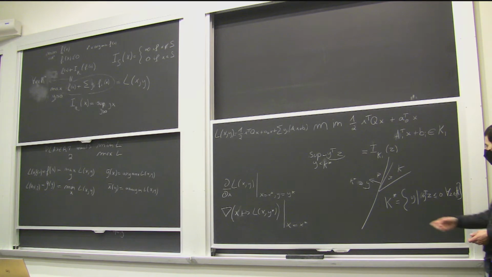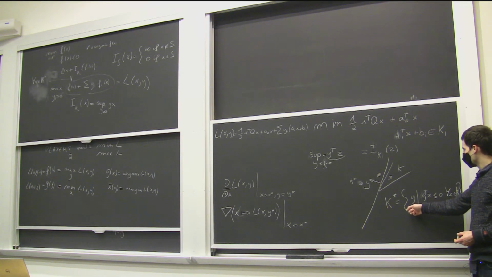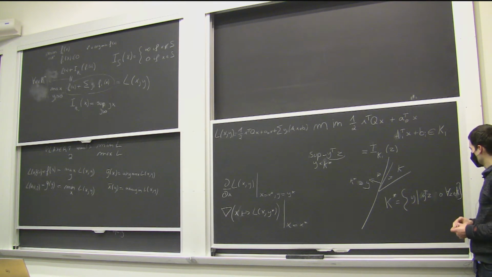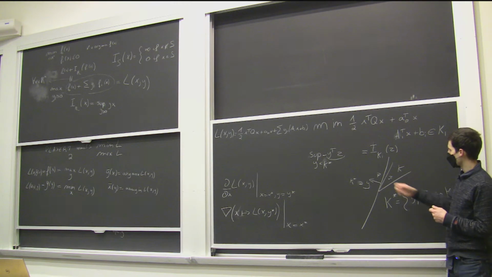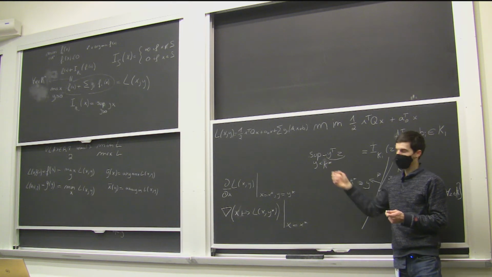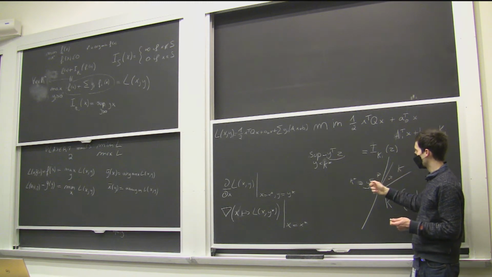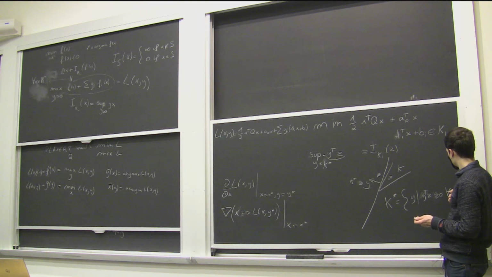So with this definition, in the dual you will have all the vectors for which the scalar product with any vector of the cone is always positive. So with this definition, you are sure that whenever z is in the cone, this supremum is 0. And the fact that whenever z is not in the cone, this supremum is infinite comes from the fact that K is convex.